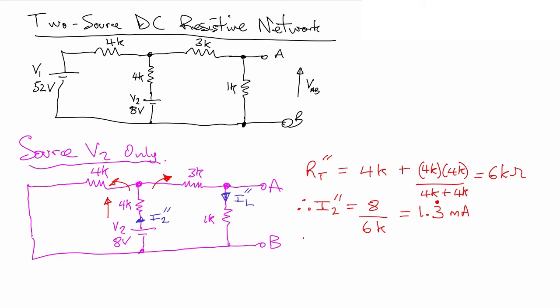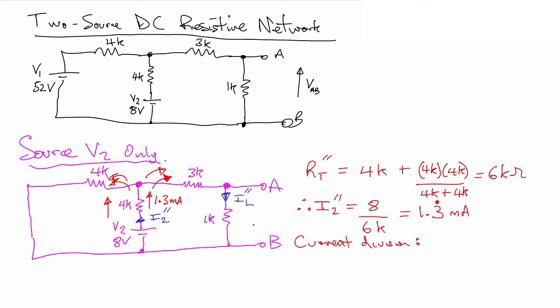And then by current division, what we're seeing is 1.3 milliamps flowing in this direction. It splits left and then right.